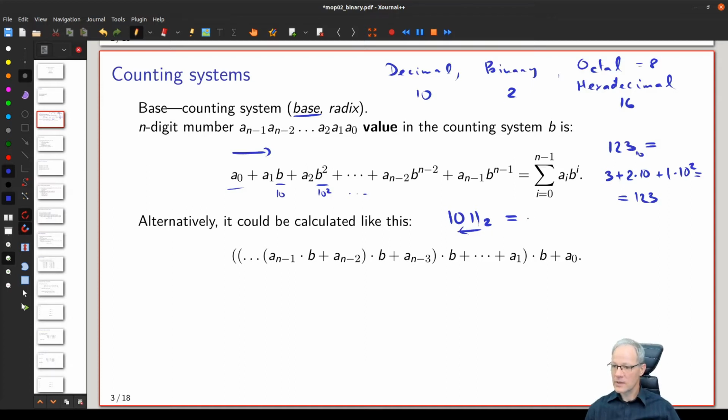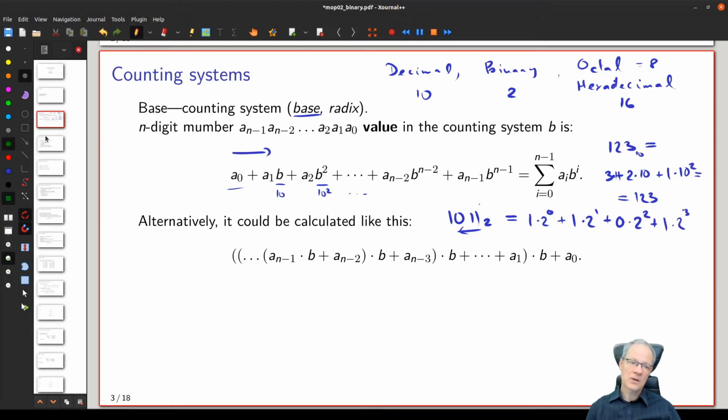It's 1 times 2 to the power of 0, plus 1 times 2 to the power of 1, plus 0 times 2 to the power of 2, plus 1 times 2 to the power of 3.